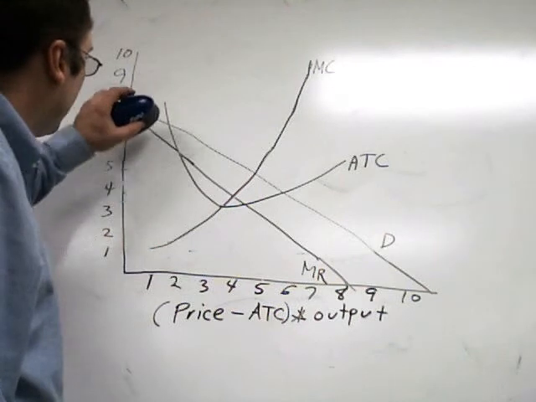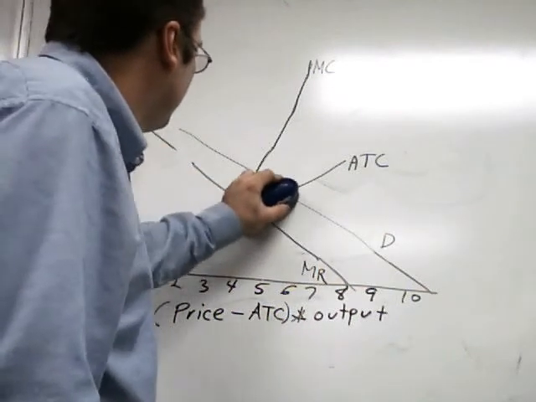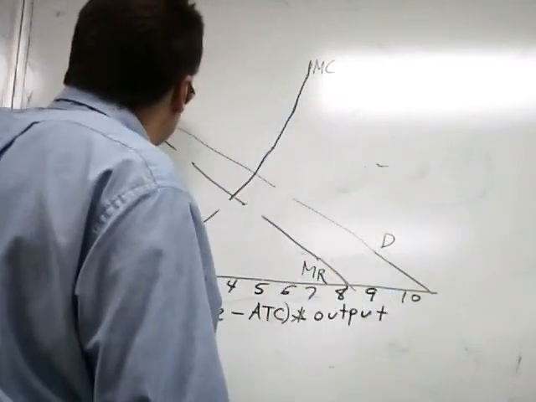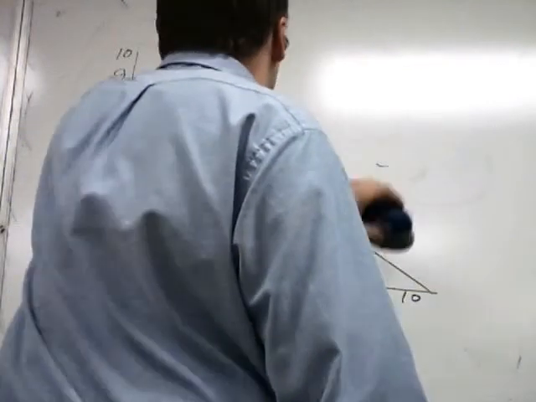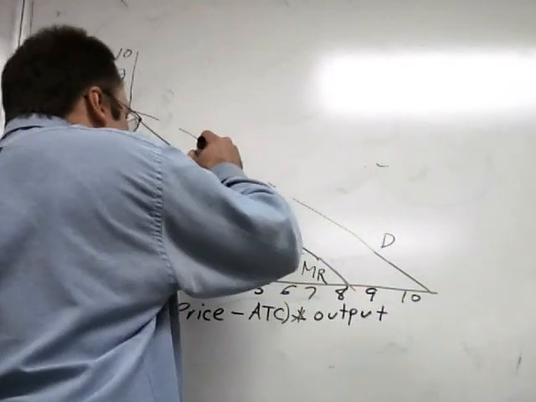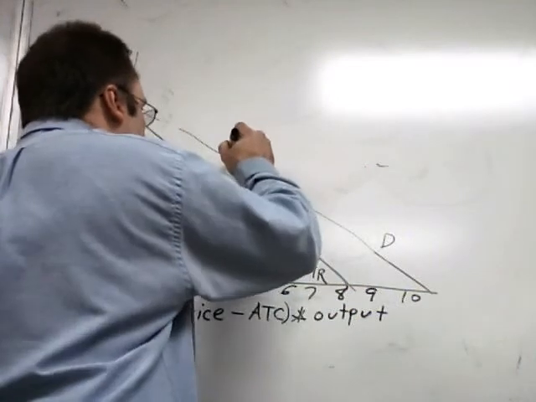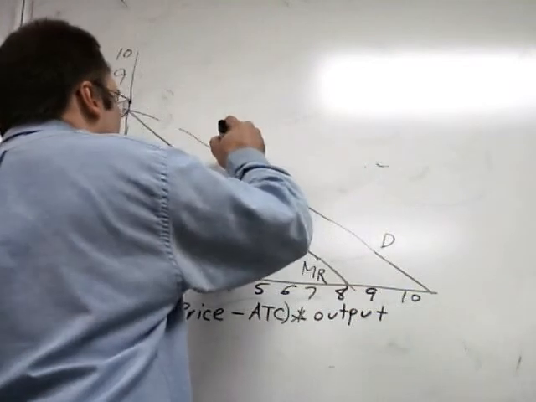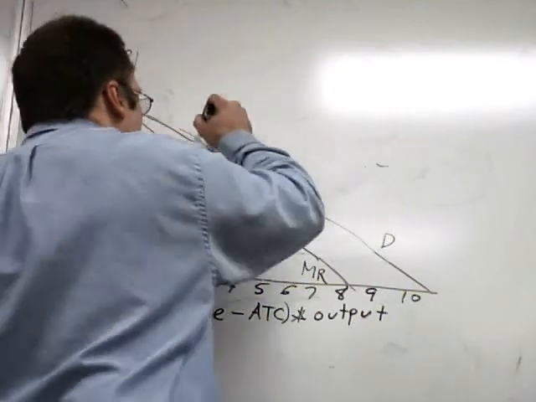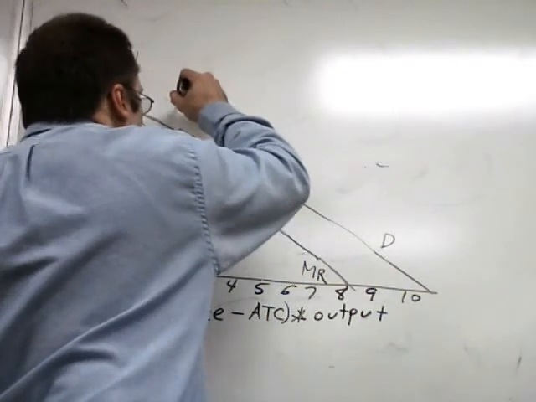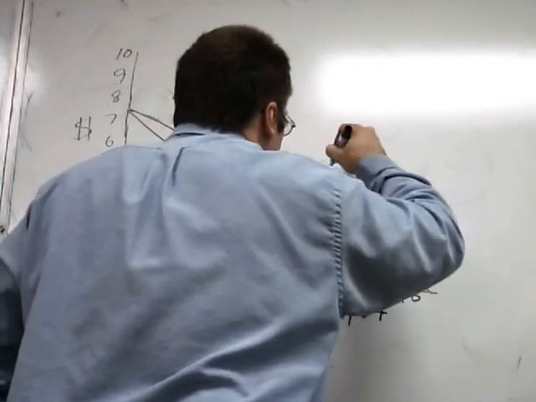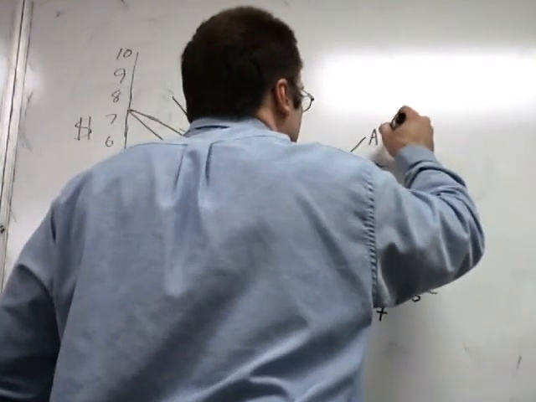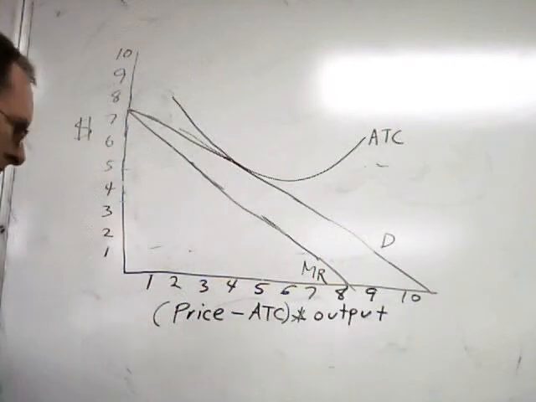Now let's look at the graph of a firm that's breaking even. A firm that's just breaking even, the average total cost curve is going to come down and just barely touch the demand curve.